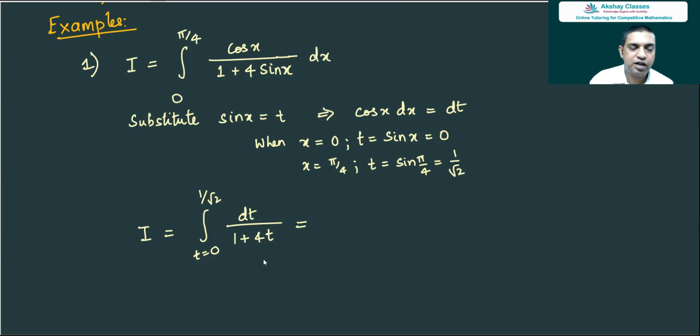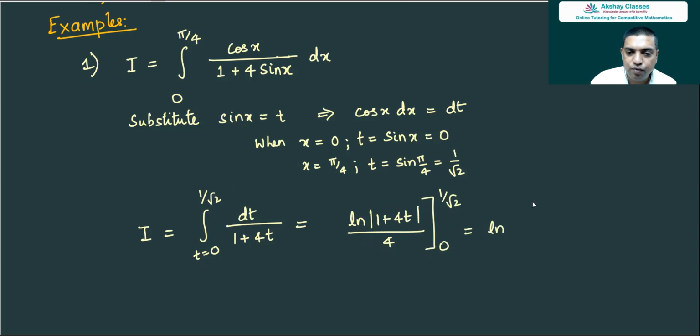Now this is 1 upon x form. So this is log mod 1 plus 4t upon 4. This will be the integral from 0 to 1 upon root 2. This will be log of 1 plus 4 by 4 into 1 upon root 2 minus log 1 plus 0 upon 4.